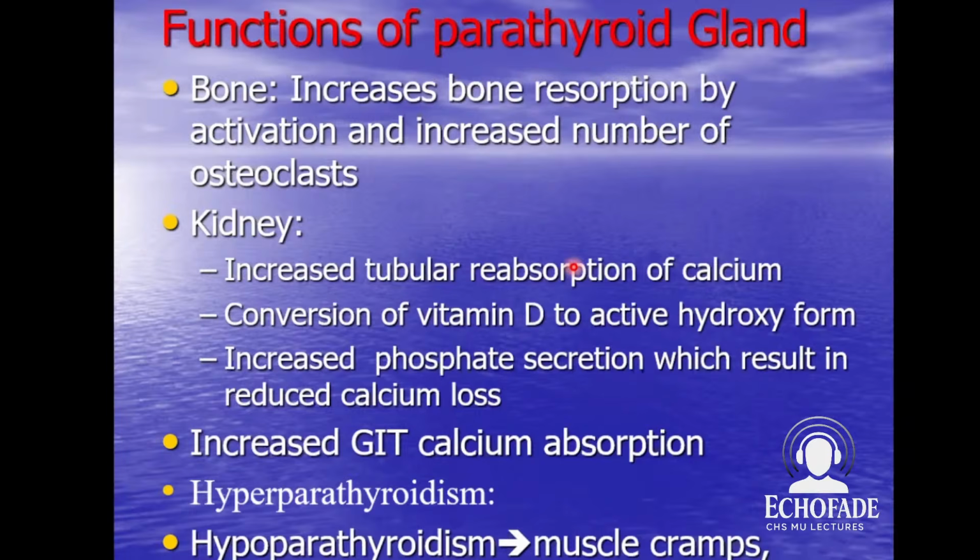Apart from muscle cramps, you will also end up with tetanic contractions of the muscles. So that's what we have as some of the disorders of the parathyroid gland, in case either there is less production or a tumor stimulating overproduction.